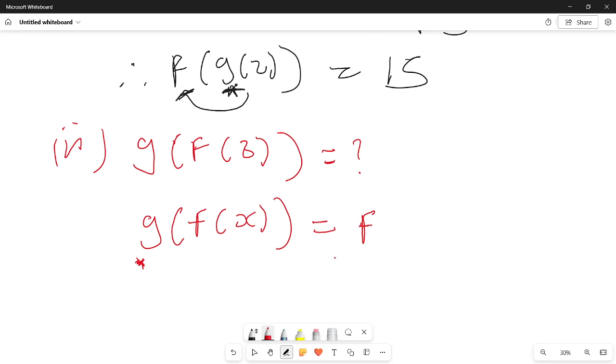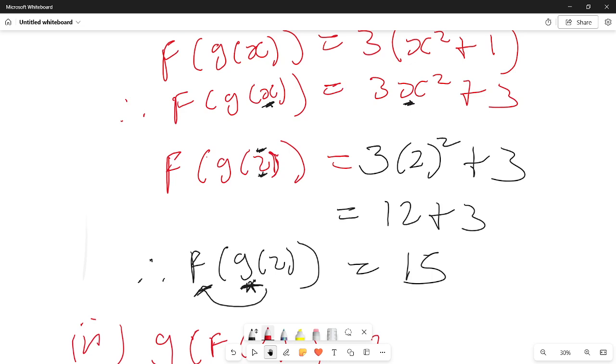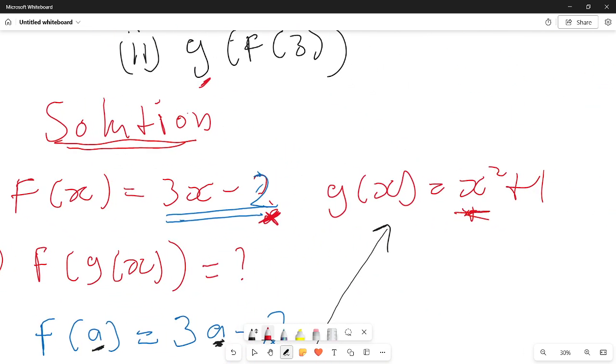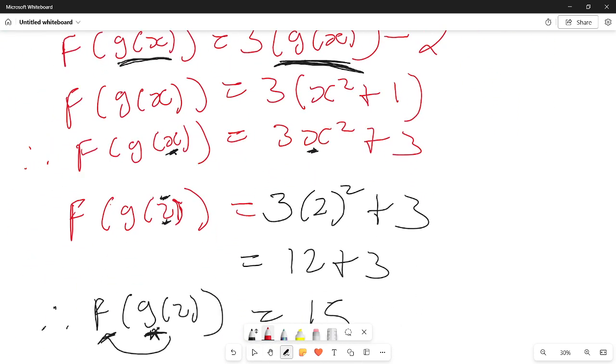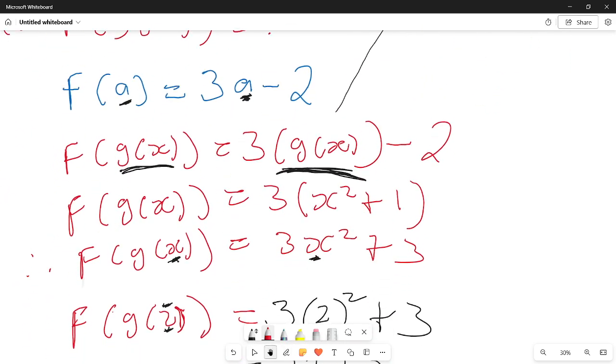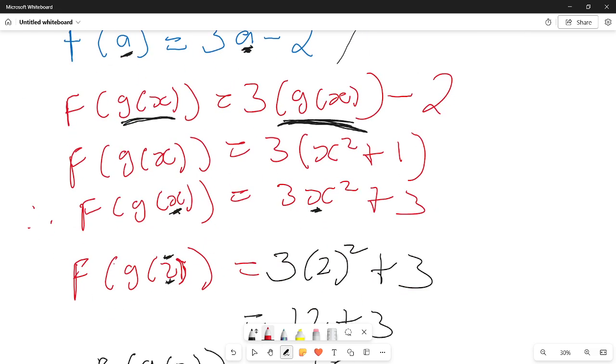So it's going to be f of x to the power 2. So where there's x, we now put f of x, squared, plus 1.